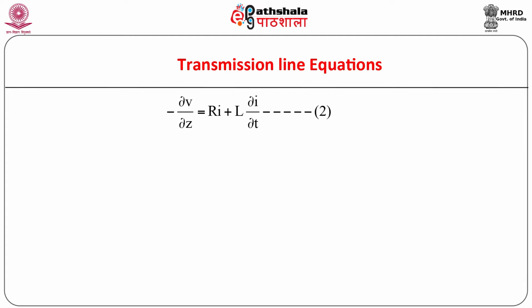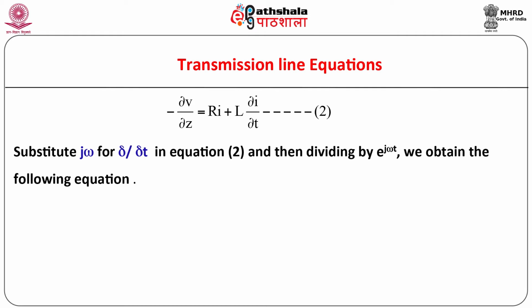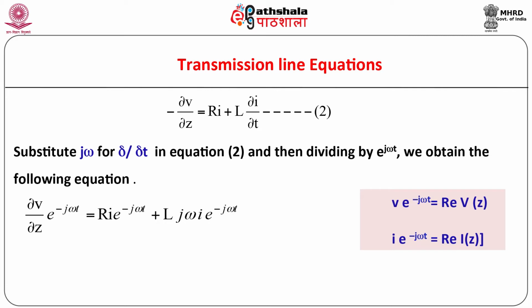Consider equation number 2 derived earlier. Substitute j omega for del by del t in equation number 2 and then divide by e raised to j omega t, and we obtain equation number 2 dash as shown. Now, by noting that I(z,t) is equal to the real part of I(z) into e raised to j omega t and V(z,t) is equal to the real part of V(z) into e raised to j omega t, we understand the equation as shown.